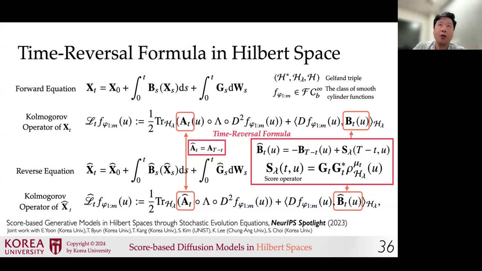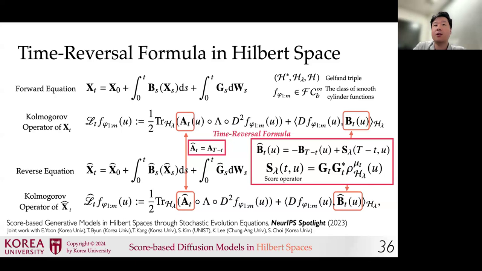So here mu_t means the marginal distribution of the forward SDE in this case. And H lambda denotes the Cameron-Martin space, which we already defined before, okay?